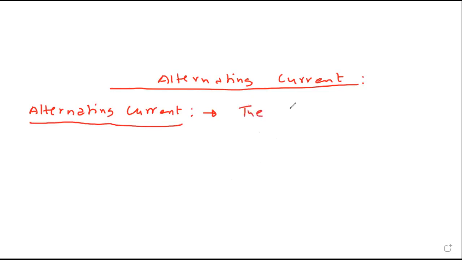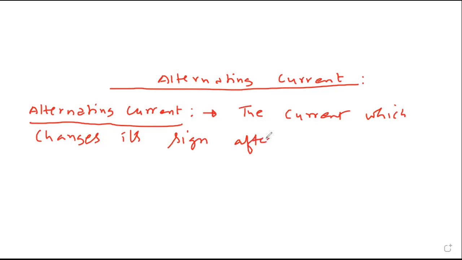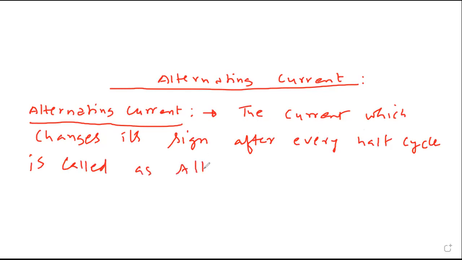The current which changes its sign after every half cycle is called as alternating current.